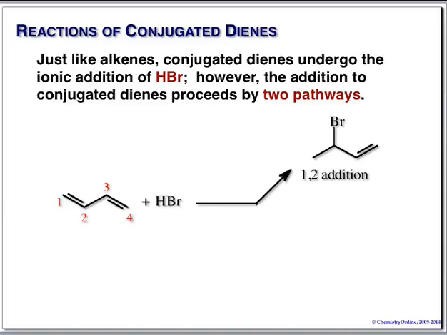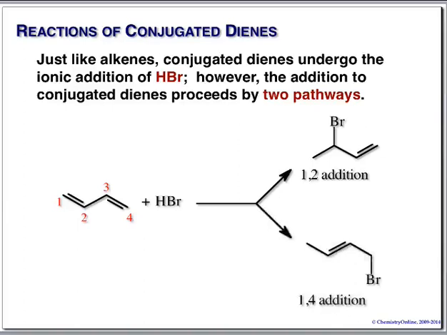Now, because we have 4 carbons in our conjugated system here, what we've done is we've added HBr to carbons 1 and 2. We call this 1,2 addition. However, if you do this reaction, in addition to 1,2 addition, you also get 1,4 addition.